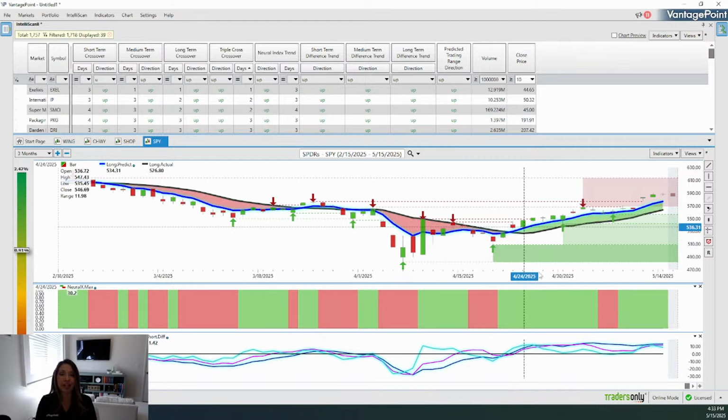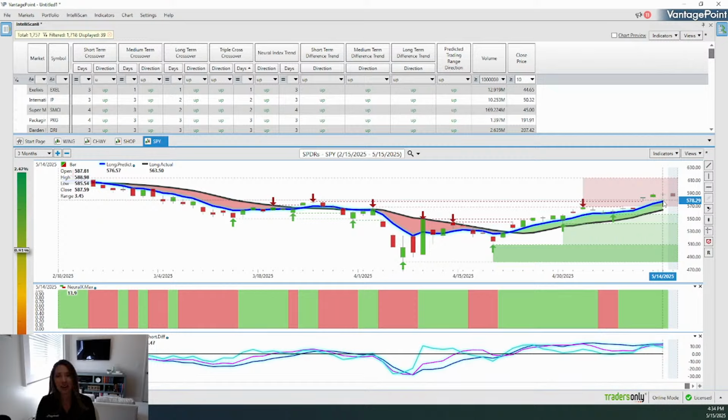So if you want to know how to get into these trends earlier, then artificial intelligence, VantagePoint's AI can help you identify these trends. Now, current day, how do we know whether or not things are expected to continue in this direction? You know, we hear a lot of talk of tariffs and things like that, but with this sort of 90-day reprieve that we have, there's a fairly positive outlook on the markets. But we didn't have to wait for that.